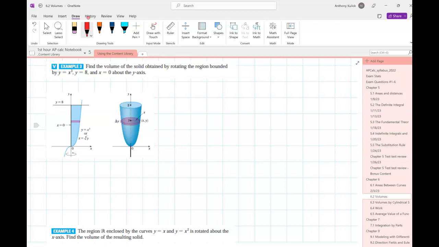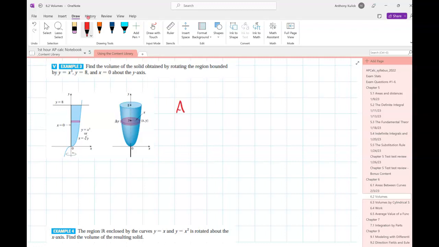Y equals 8. So just the blue region here that we've shaded in is what we're going to be rotating. And we rotate about the y-axis and we end up with, I don't know, looks like the tip of a finger or something. That's the kind of shape that we have there.